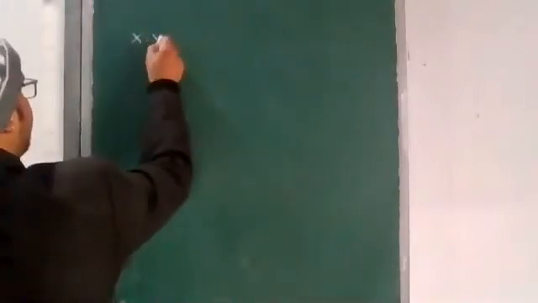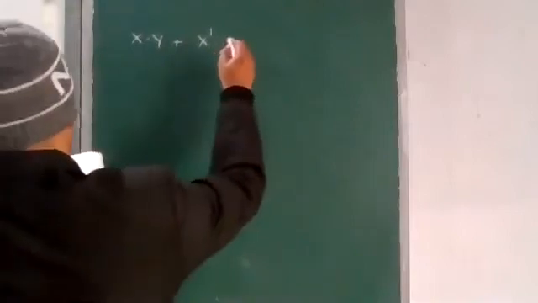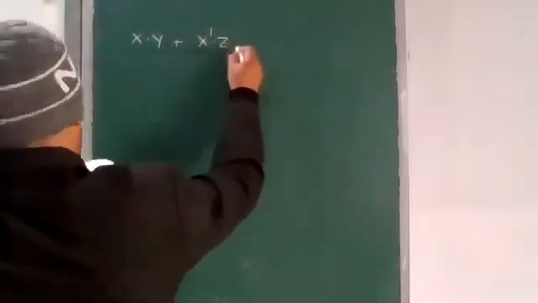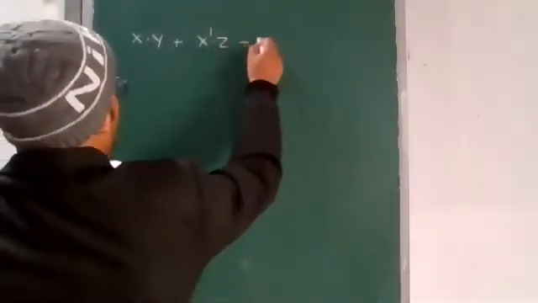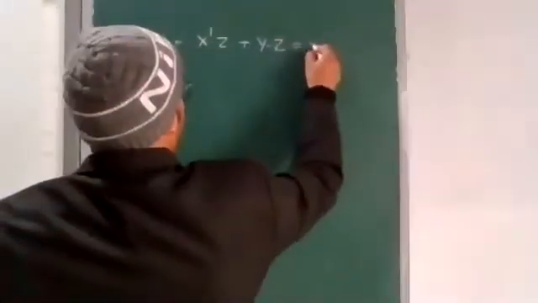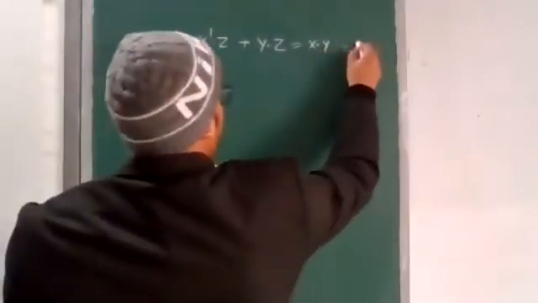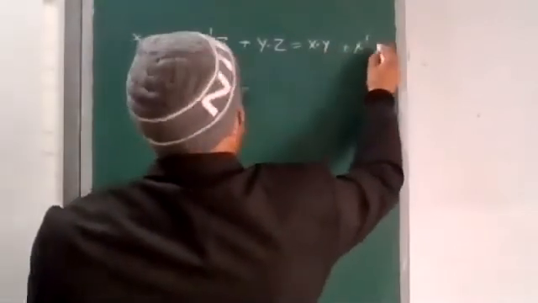Prove algebraically: x dot y plus x complement dot z plus y dot z equals x dot y plus x complement z.